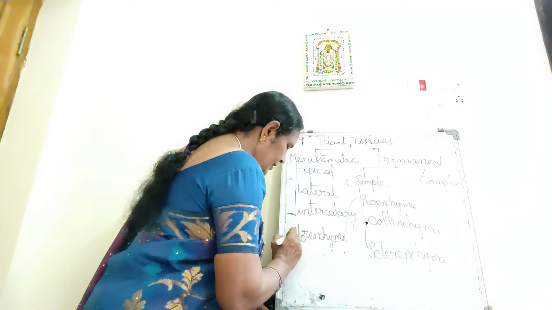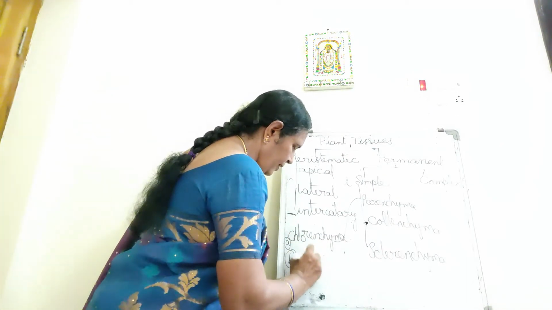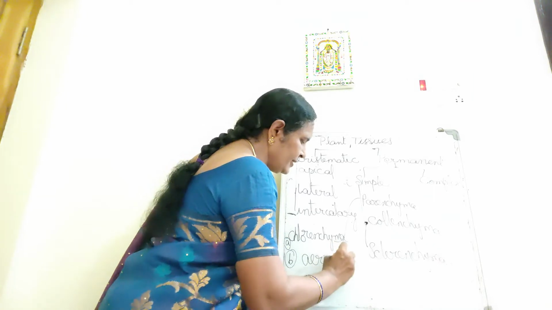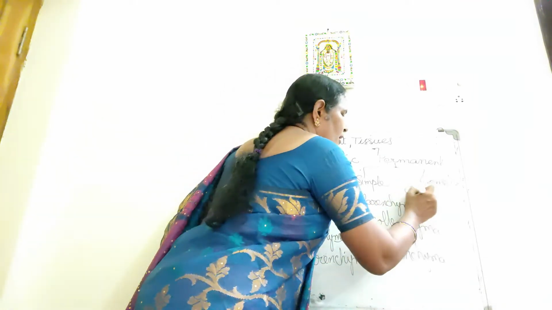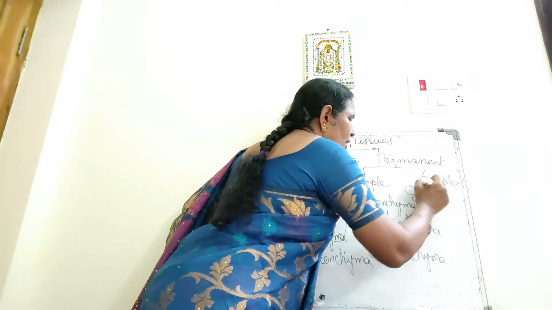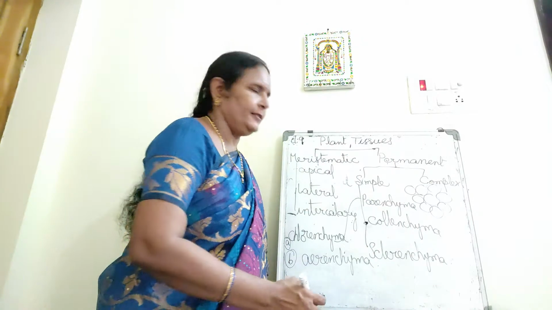Another type of parenchyma is aerenchyma. These tissues are present in the aquatic plants. The cells in parenchyma may be spherical or oval. There are intercellular spaces and the walls are thin.